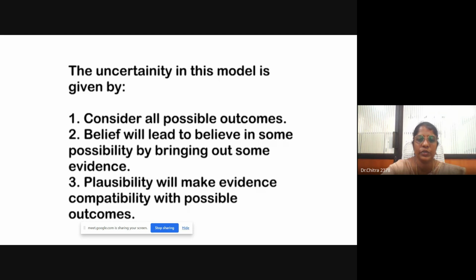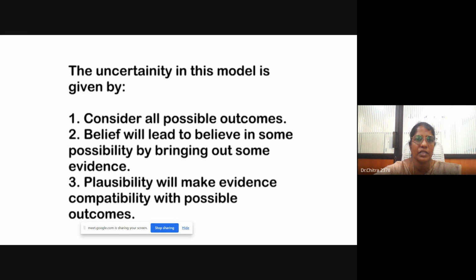We'll consider 2 terms. The first one is belief and the next one is plausibility. Belief means a possibility we always believe. We are believing that the sun always rises in the east. That is what is called belief. Plausibility means making evidences compatible with possible outcomes. Sometimes there may be a possibility like this also.